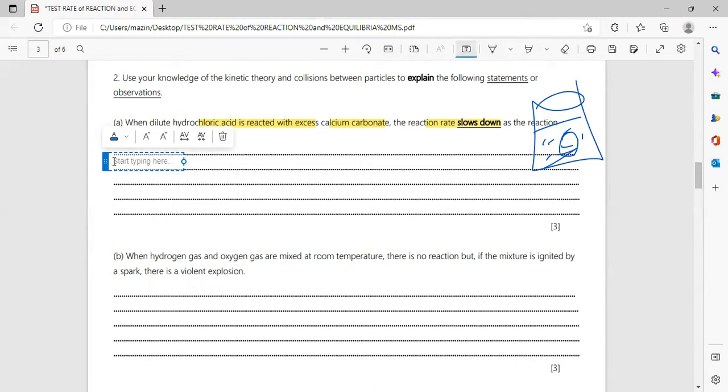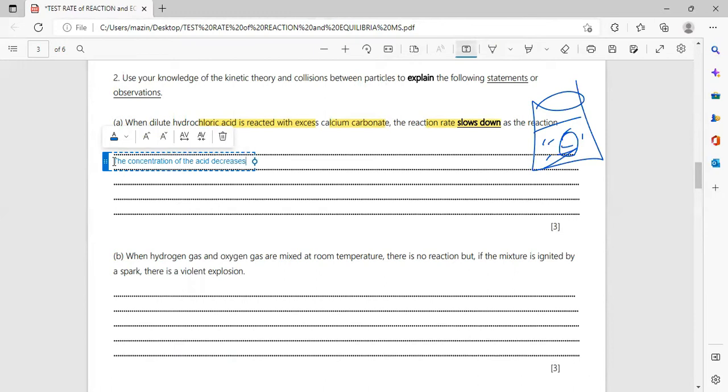We write this in terms of concentration. The concentration of the acid decreases. Why?